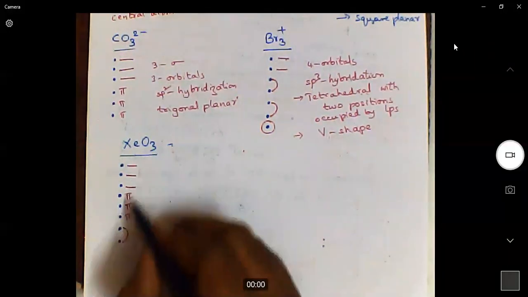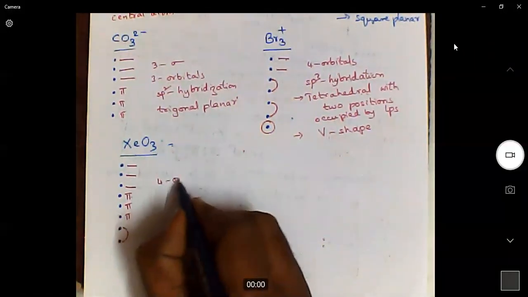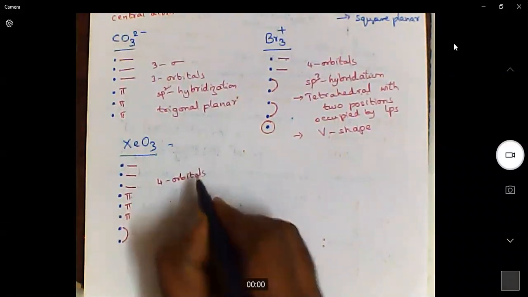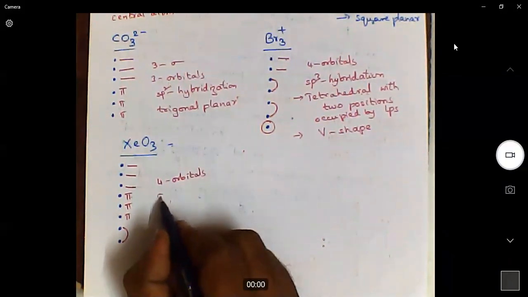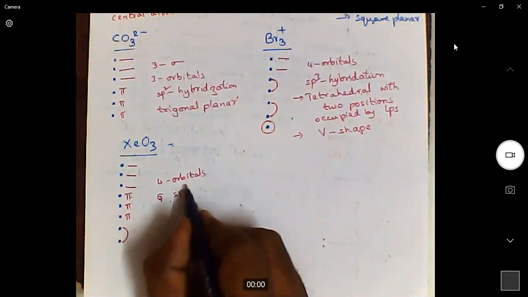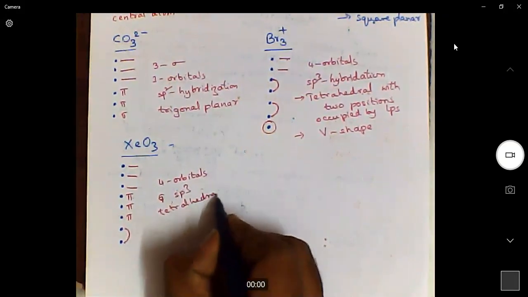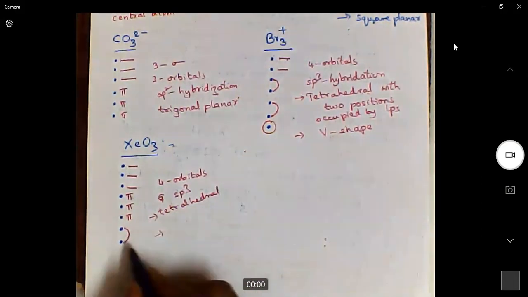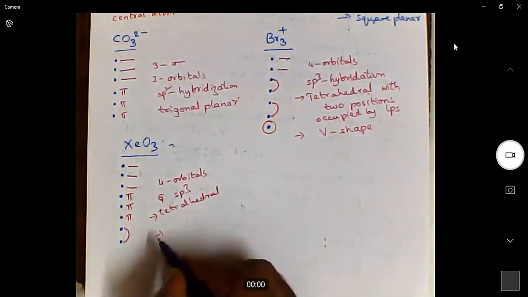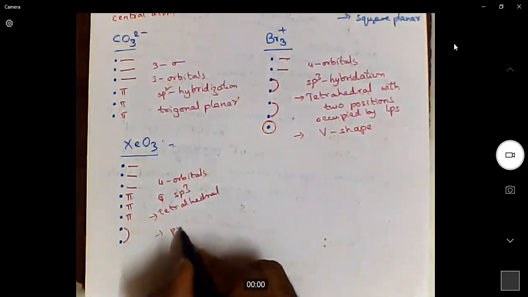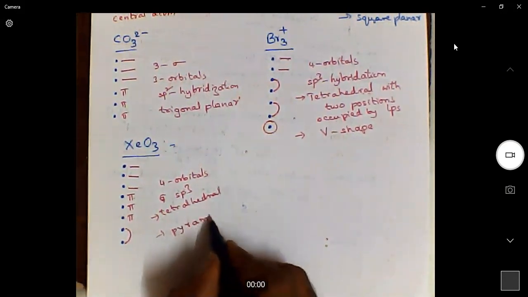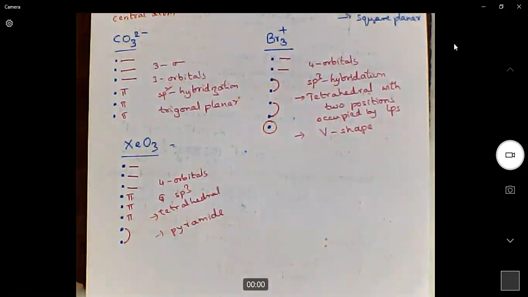So 1, 2, 3, 4. There are 4 orbitals involved in bonding. So it is sp3 hybridization and tetrahedral shape with one position occupied by a lone pair. Without the lone pair, it is pyramidal shape.